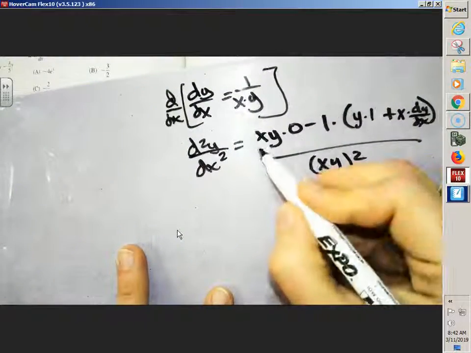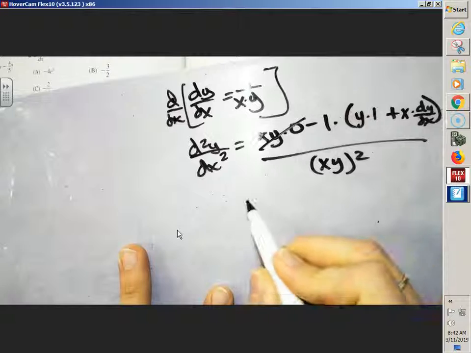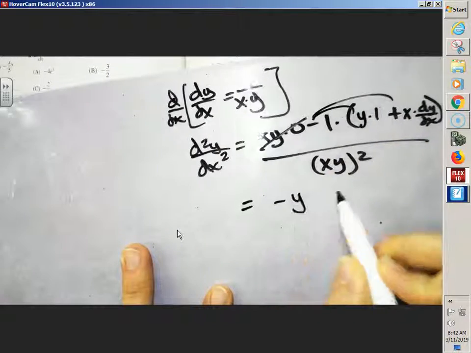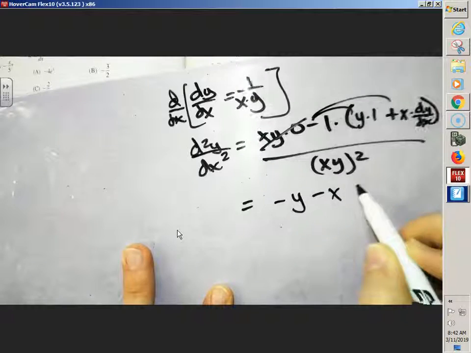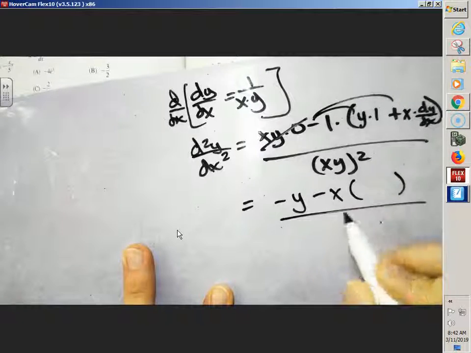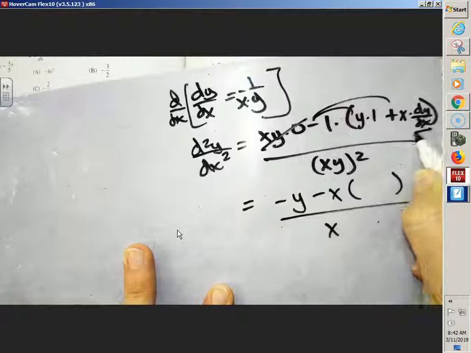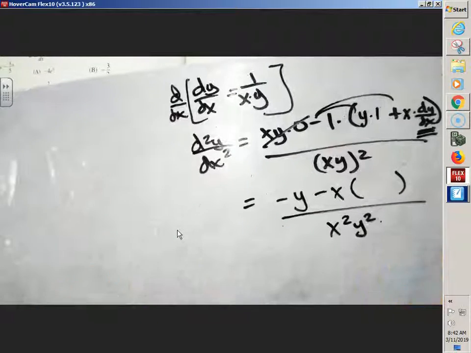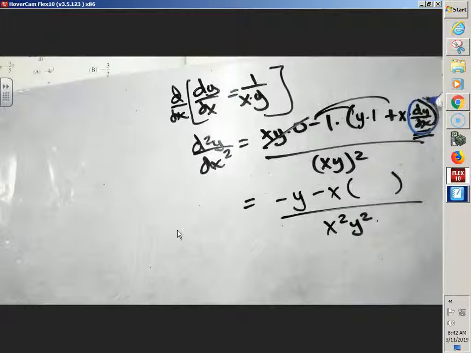So I go ahead and simplify and say, okay, that one is 0. This one ends up being, distributing the negative, negative y minus x. What on earth am I going to do with dy dx? What did I do anytime I had implicit differentiation?